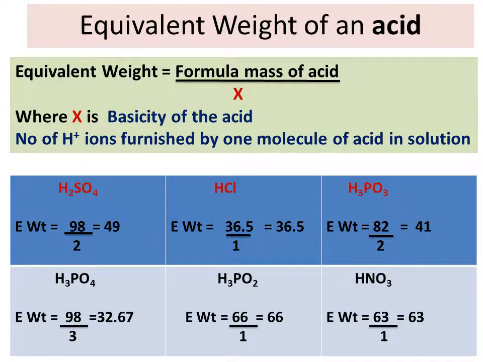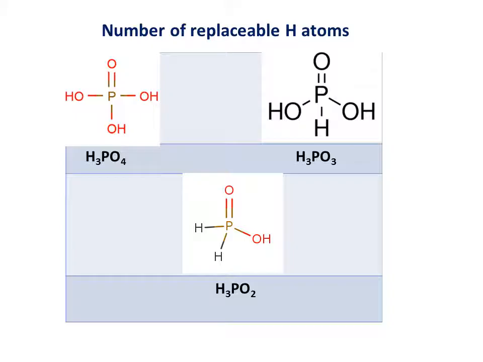So let us have a look at the number of replaceable hydrogens in all these acids of phosphorus. Let us see the structures of these 3 molecules, H3PO4, H3PO3, H3PO2. Let us take the case of H3PO4, phosphoric acid. Here you can see phosphorus is directly bonded to oxygens. There are 4 oxygens. 1 oxygen in all cases is bonded to phosphorus with a double bond.